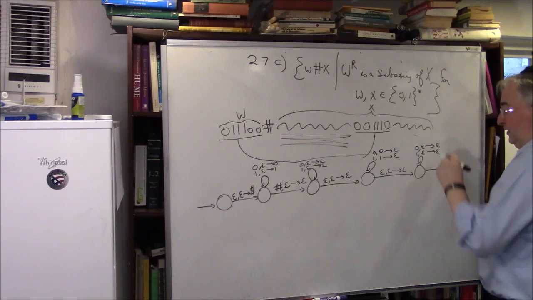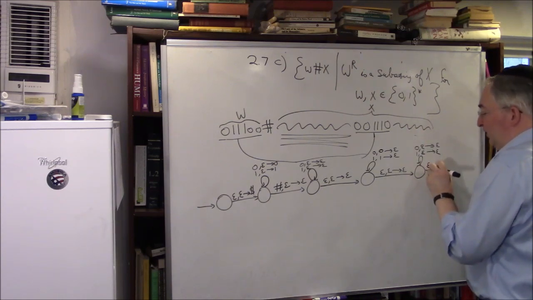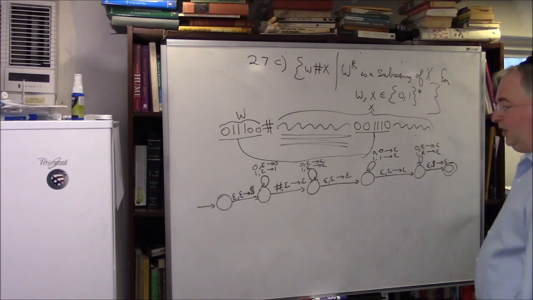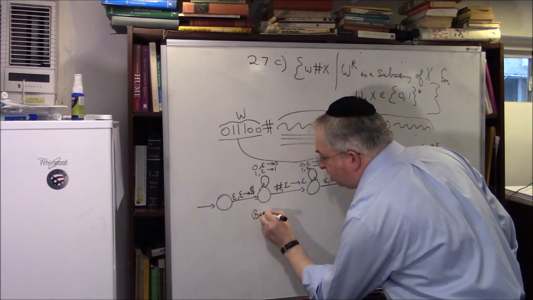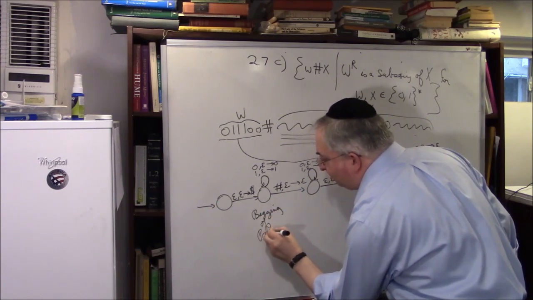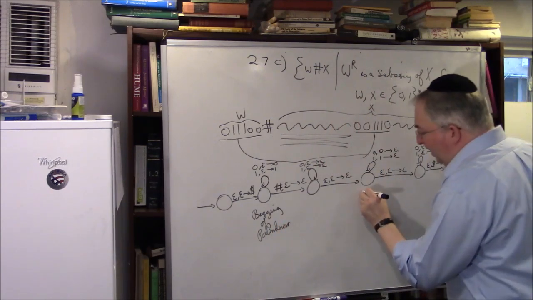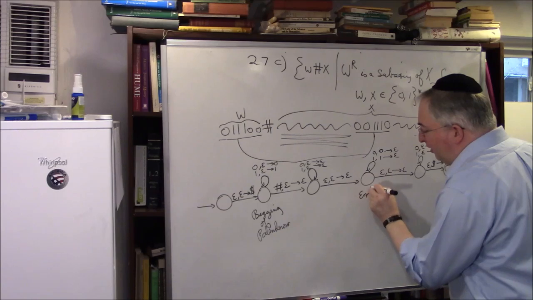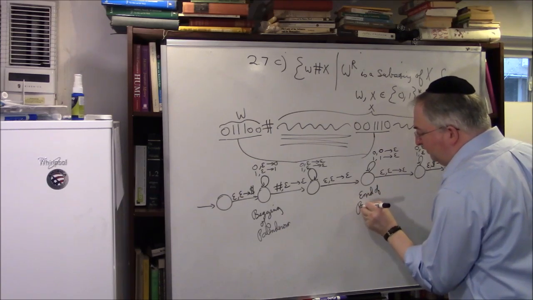Okay. The next is I'm now finishing reading everything, and now I have nothing to read, a dollar sign, nothing to push. Okay, I'd like to help you read this. This is the beginning of palindrome. This is the end, or second half of palindrome.